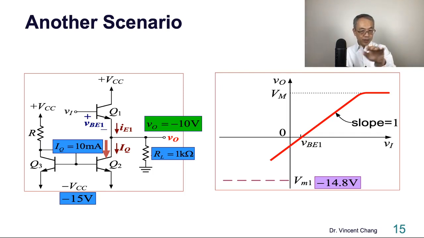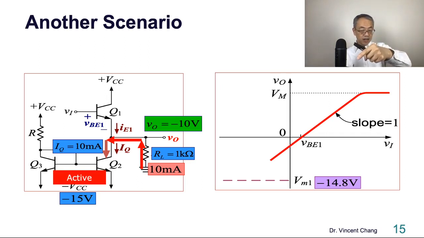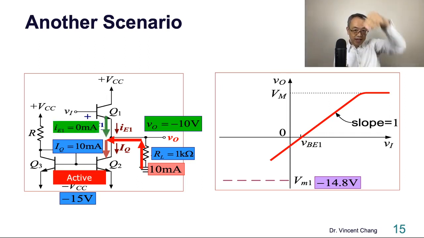When it arrives at negative 10 volt, the current in the red path is 10 milliamp. So what's the current on the top? 10 milliamp is still active, so the current on the top is 0. Which means Q1 has no current.